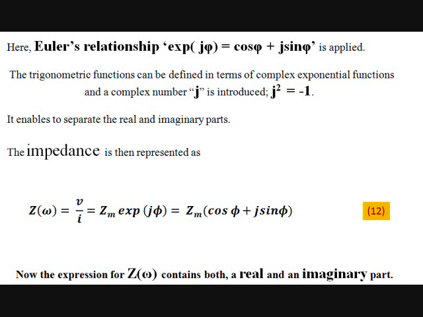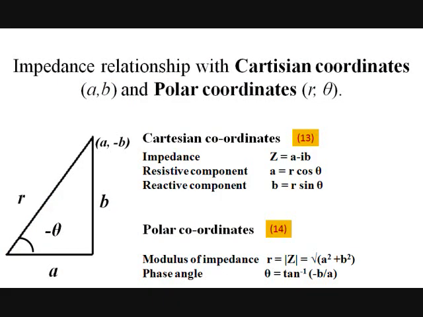The impedance as a complex number is represented by equation 12. This expression contains both a real and an imaginary part. In order to provide details in concise form, there is a definition of impedance relationship with Cartesian coordinates A, B and polar coordinates r, theta.